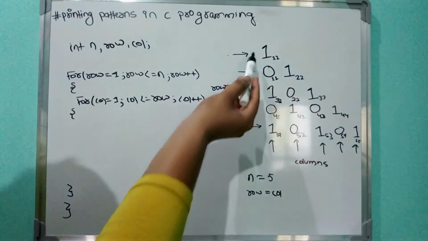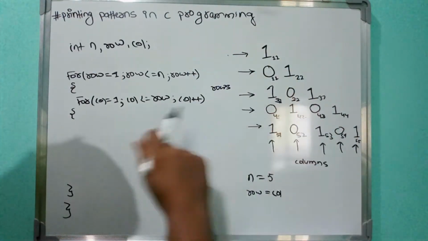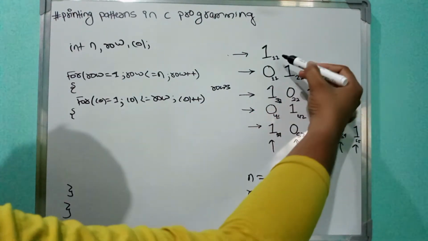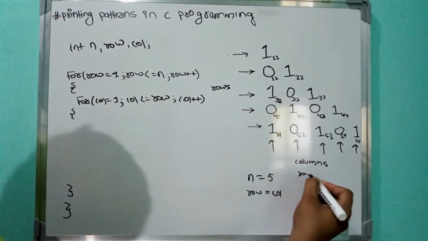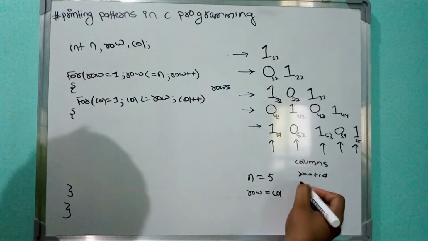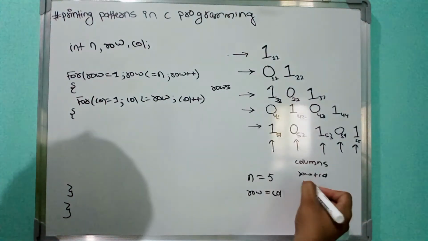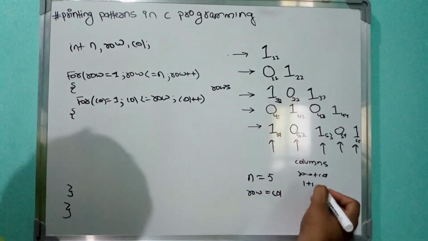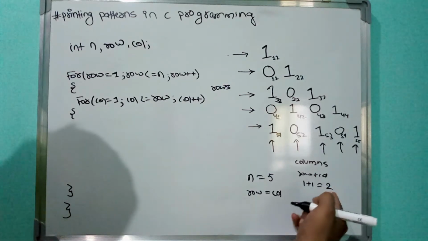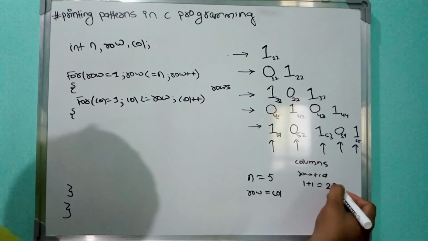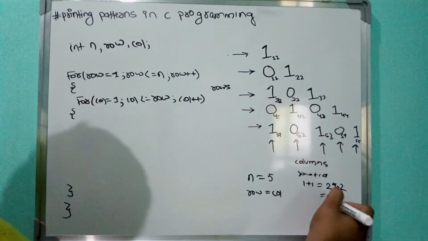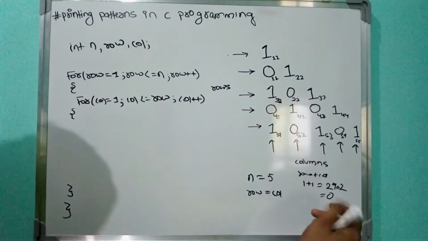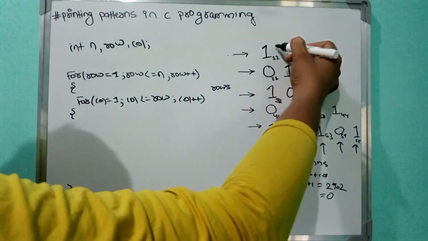So you may have figured out how this pattern is working. If we add row plus column, for this one row is 1 and column is 1, and after getting the answer, if we divide it by 2 and take the remainder, the remainder will be 0. When the remainder is 0 we will print 1.